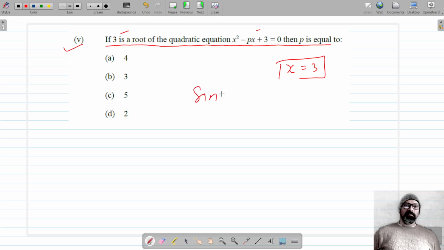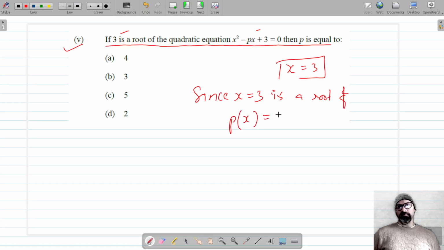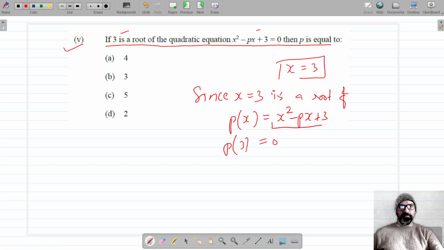Since x equal to 3 is a root of p of x is equal to x square minus px plus 3, then what is the value of p? That means p of 3 should be equal to 0.